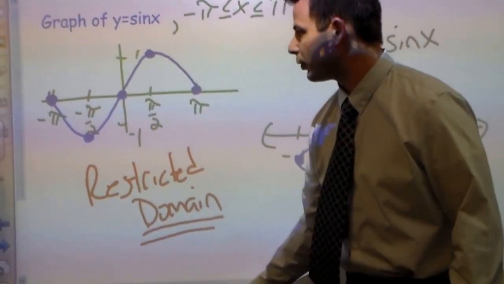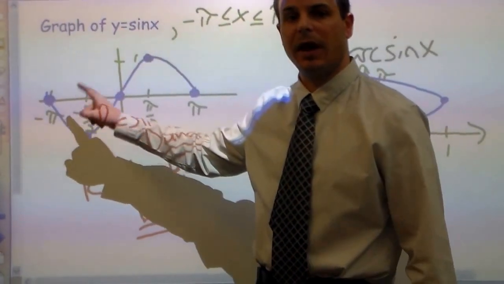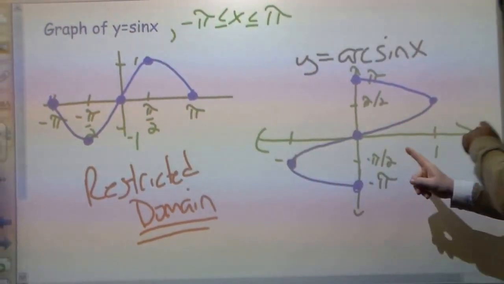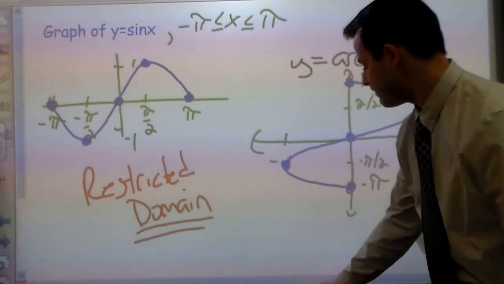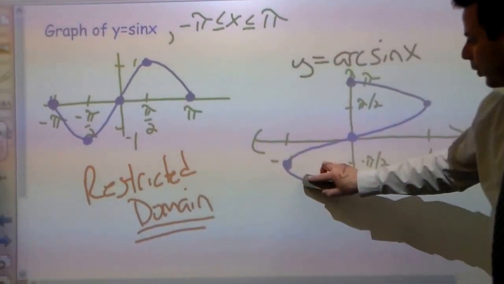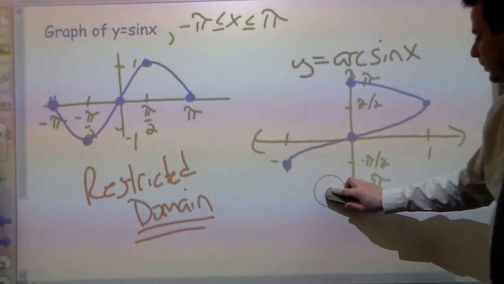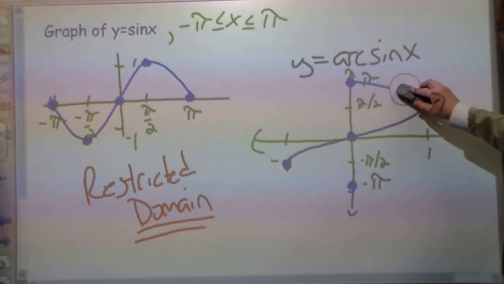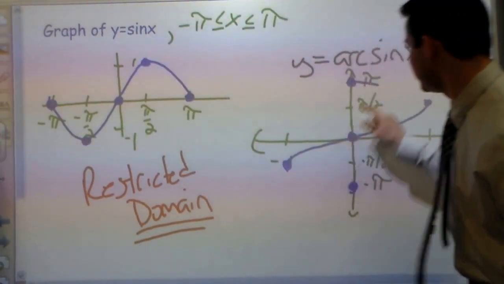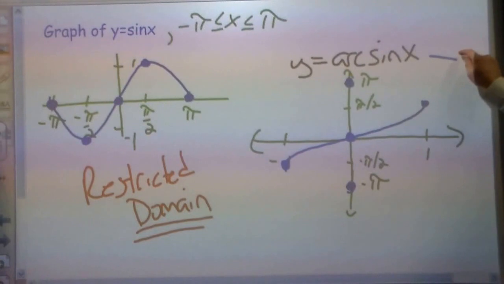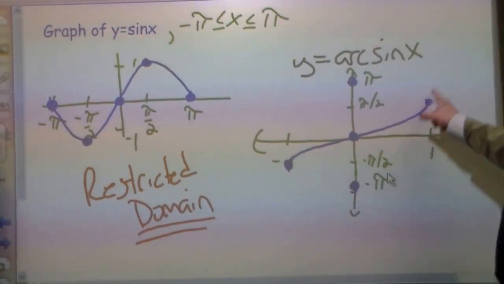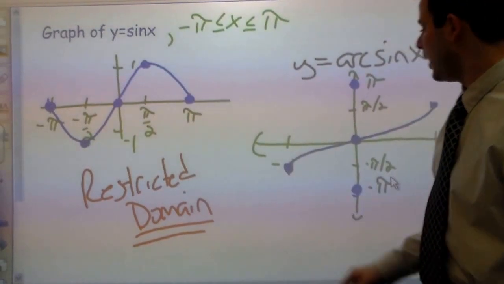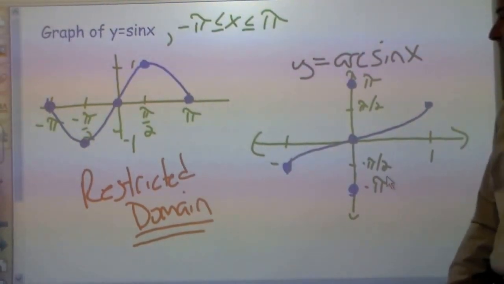So that means we have to restrict the domain of sine and find the inverse to make sure that its inverse is a function. And the way we're going to do that, we're going to take this portion here and cut it off. And we're going to take this portion here and cut it off. Now you can see the graph of inverse is a function. And let's just see, where did we restrict this domain?